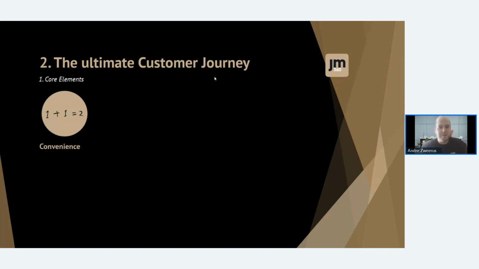That's why we have the 1 + 1 = 2. You want to have it easy to acquire, when we're talking about both the app and also, of course, the sales. Easy to use, well, that's pretty much a given. And then easy to rediscover. That's something we'll get into a bit further in this webinar, but it's often overlooked: people switch phones.